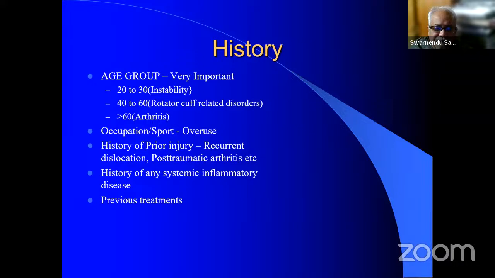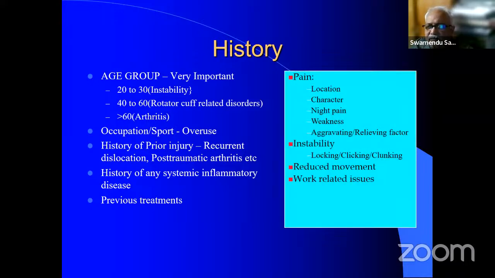We must have the history of the occupation of the patient, and also know whether it is the dominant or non-dominant side, what sort of sports he is indulged in, whether there is any overuse issue, whether there is any prior injury, for recurrent dislocation or post-traumatic arthritis in the aged group. And we have to also exclude other joints, like systemic inflammatory disease, and the previous treatment.